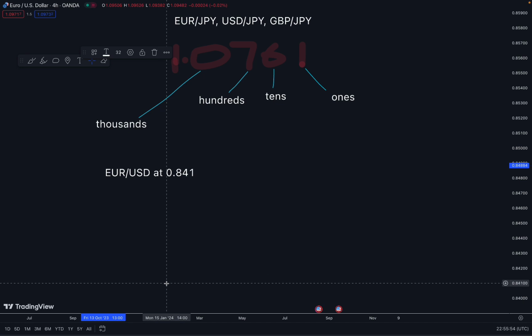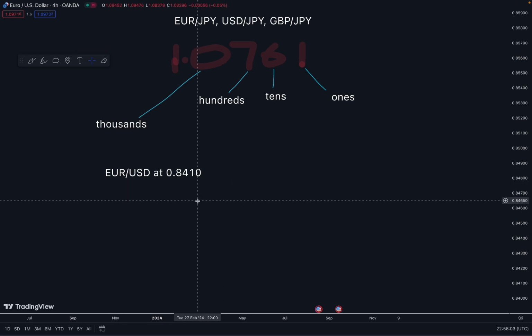So this is where it is. So this 0.8410, zero. We don't count the last zero, because it's called a pipette. It's not used in calculating it.